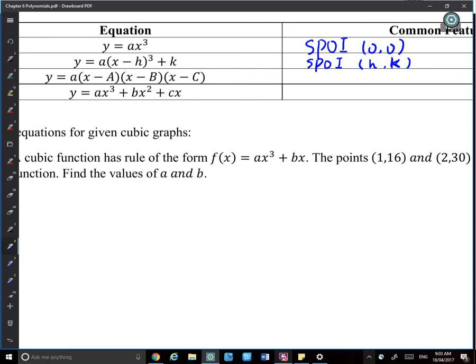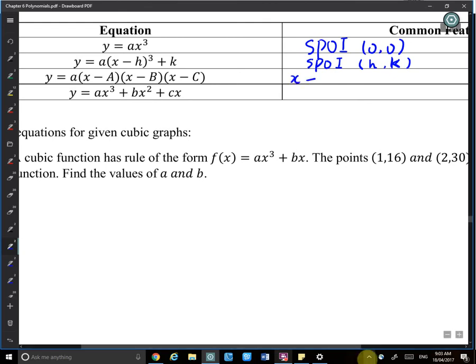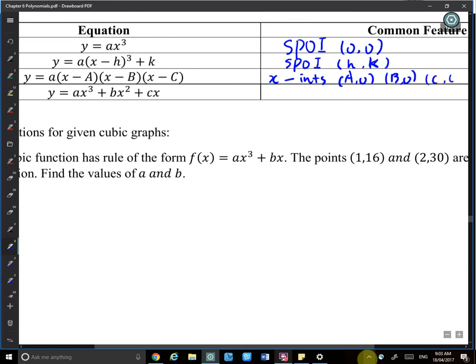X-intercept. Okay, x-intercept. When y equals 0, no matter what this a value is, you will always have (A, 0), (B, 0), (C, 0). So they will have the same x-intercepts at (A, 0), (B, 0), and (C, 0).